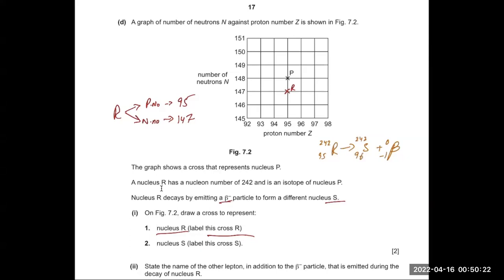That's how the equation is balanced. So S has one more proton number. So S has 96 proton number, but it has the same nucleon number, which basically means that the number of neutrons that it has will decrease. So 146. So S is 96 and 146. Where is 96 and 146? This is where S is.